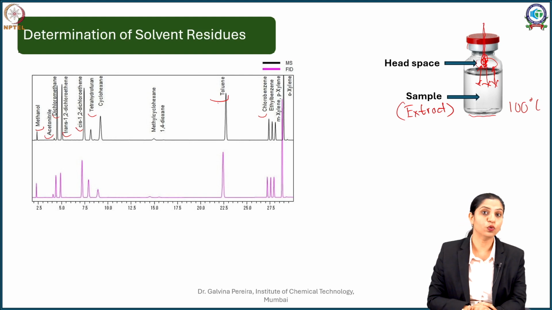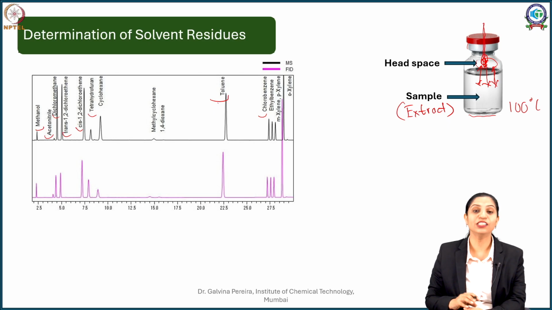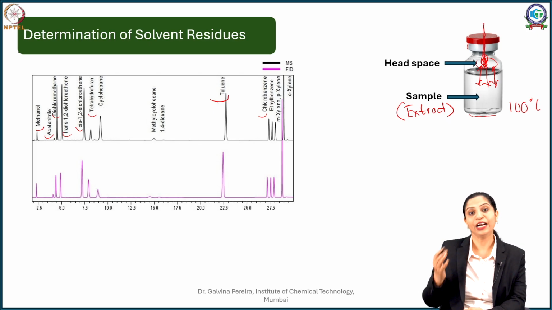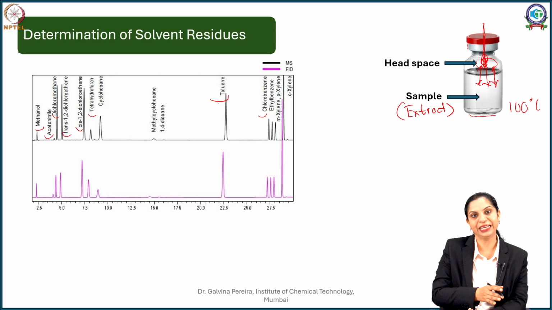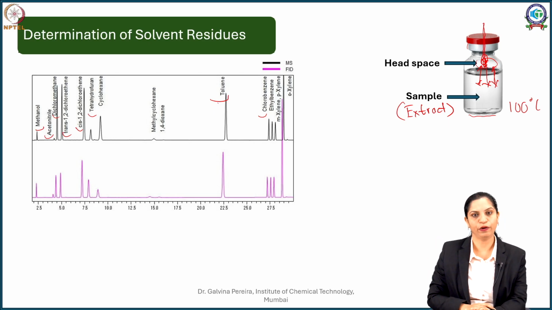So definitely you could use GC for compounds which are more volatile, like your pesticides, your solvents, your volatile compounds, and you could use it for non-volatile compounds which can be converted into volatile derivatives and are thermostable. But all in all, in terms of versatility, over HPLC and GC, your HPLC methods are still preferred.